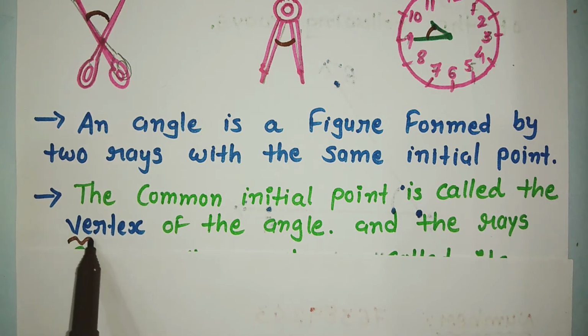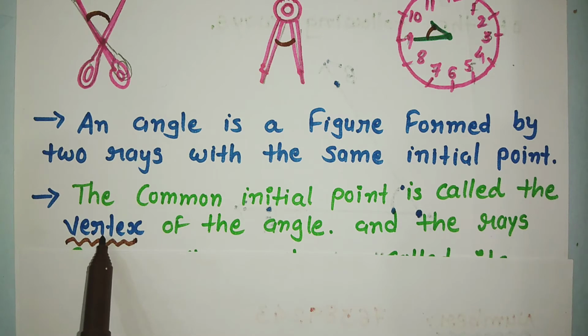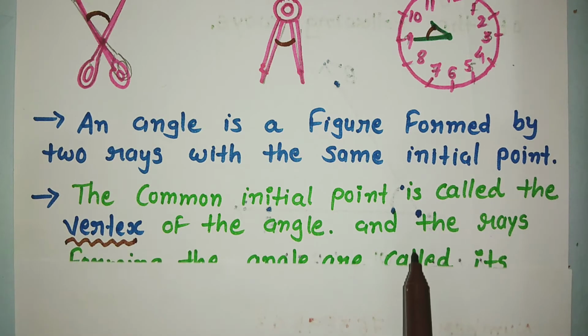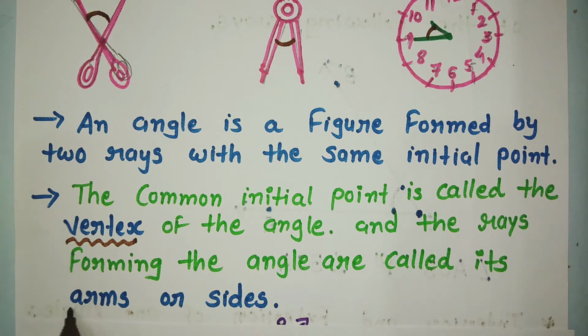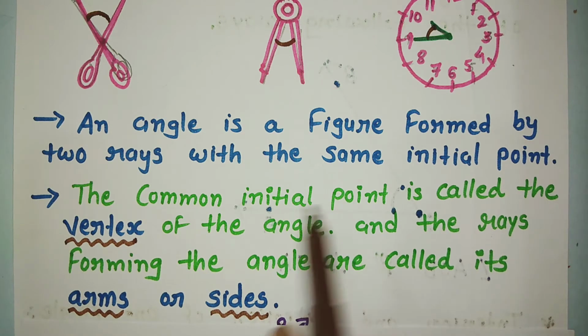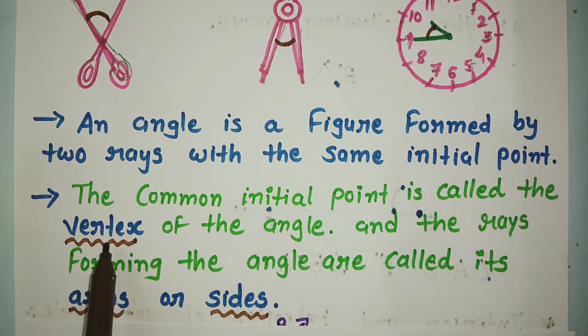What will be the common point? It will be the vertex of the angle, and the rays forming the angle are called its arms or sides. The meeting point, the initial point of the two rays, is the vertex, and the two rays are known as the arms or sides.